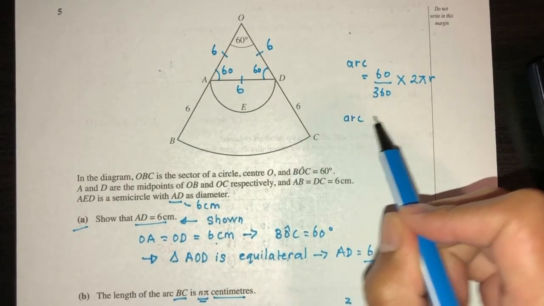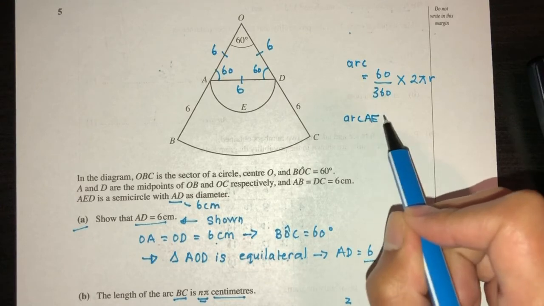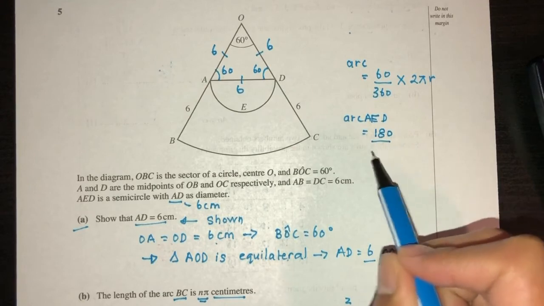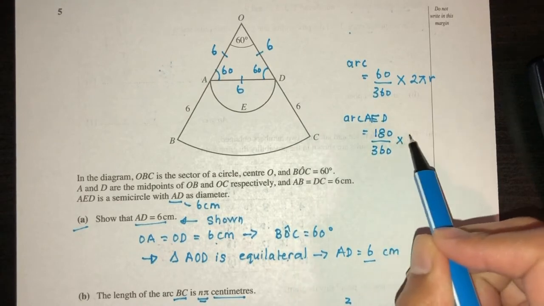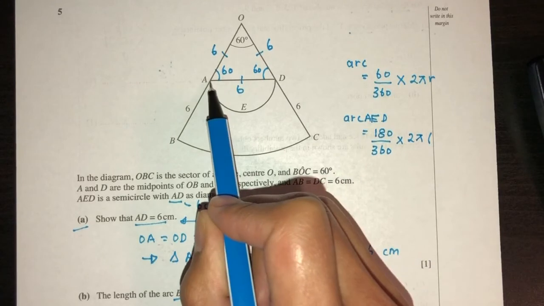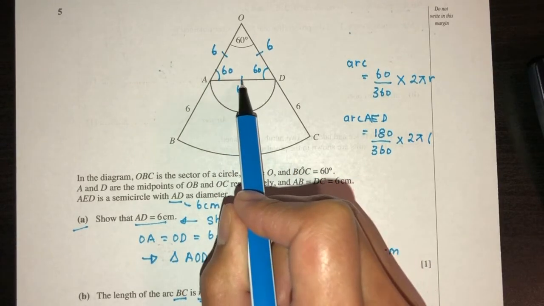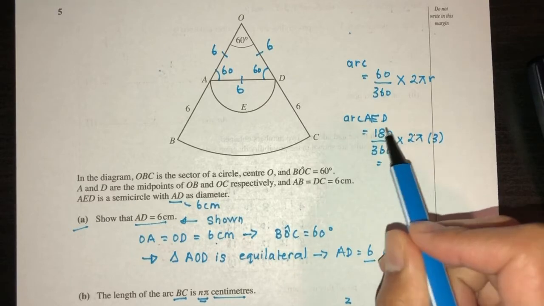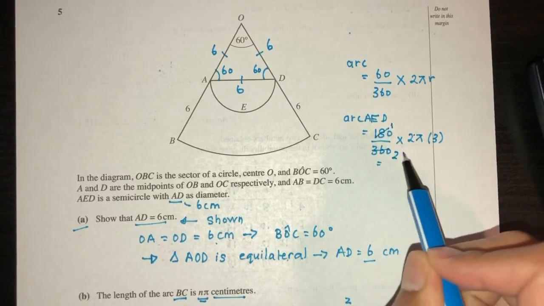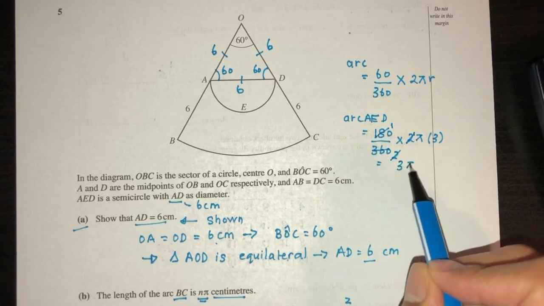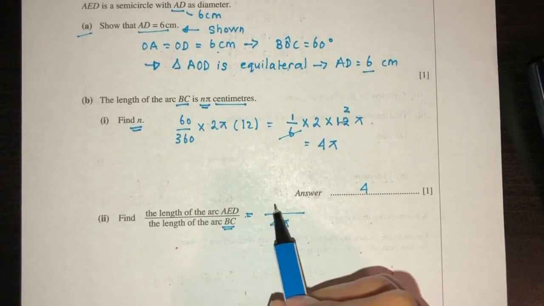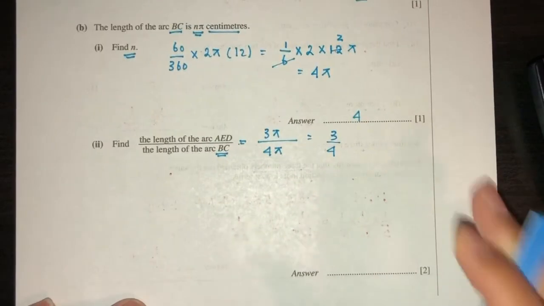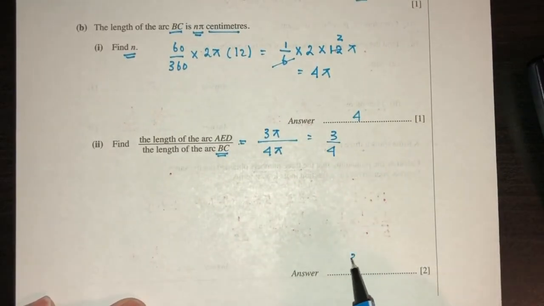So arc AED, the angle is 180, which is a semicircle, divided by 360 times 2 pi. Radius is, so if the diameter is 6, radius is half, that will be 3. So this is half, that will go away, so you have 3 pi. So replace back here, you will have 3 pi, so the ratio will be 3 over 4. That is your answer for part 2.